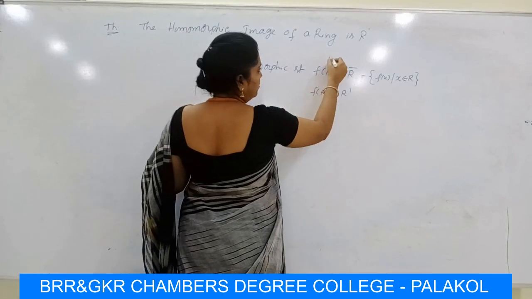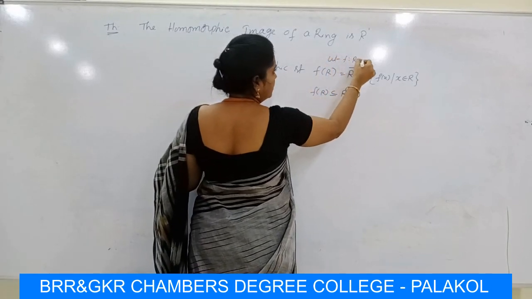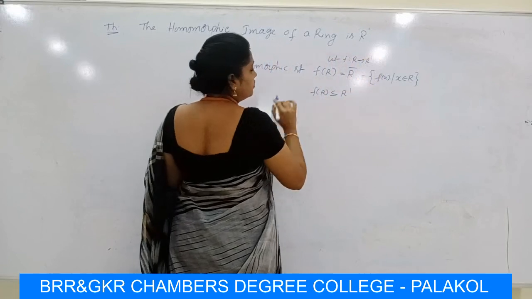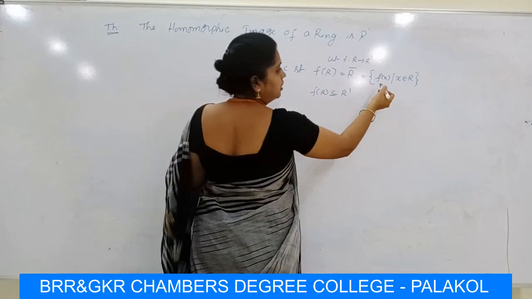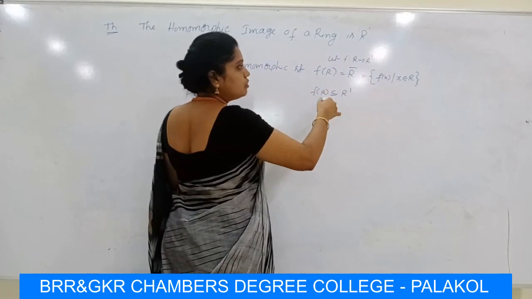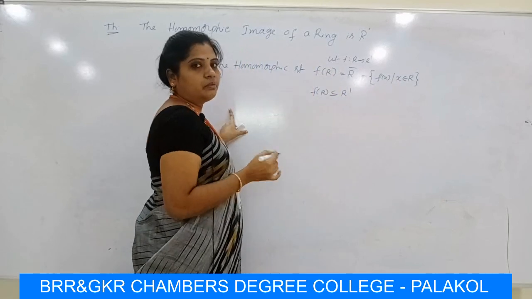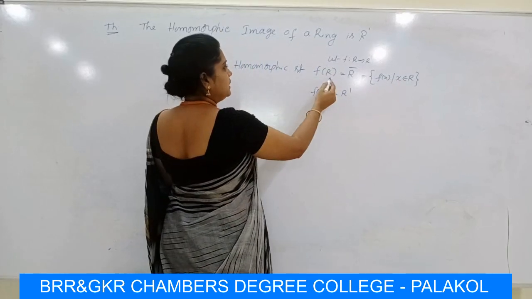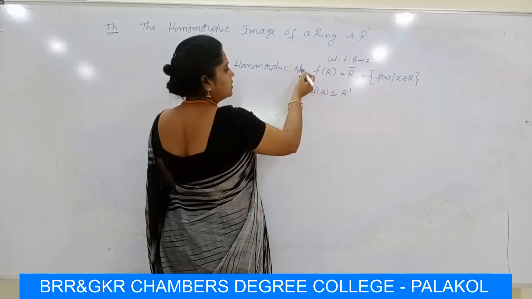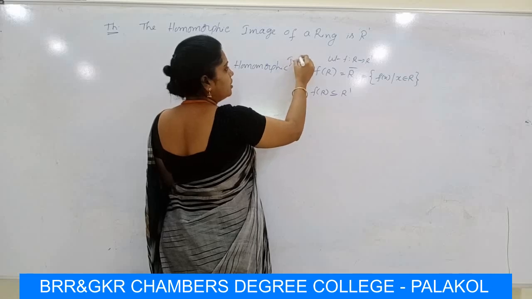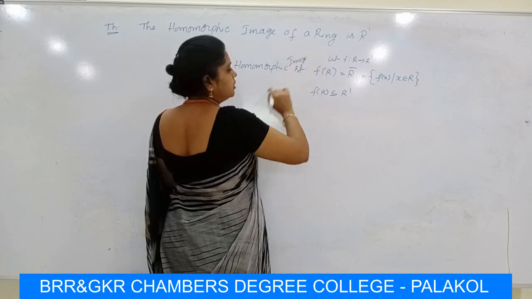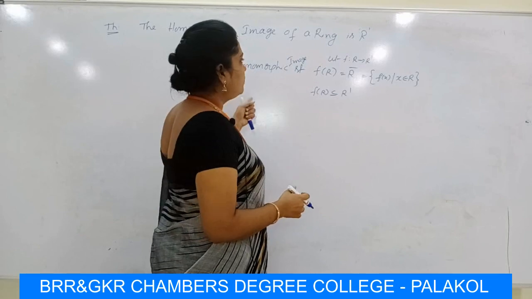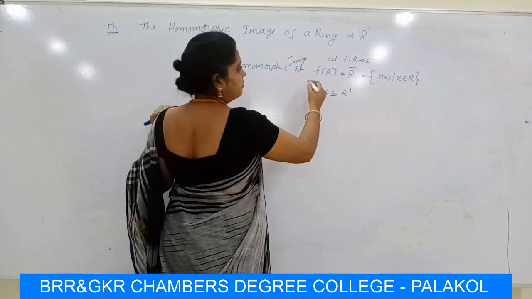If we take the mapping f maps R to R dash, then the elements that have f images, those x belonging to R, form R bar. So this is the homomorphic image set. It is denoted as f of R.